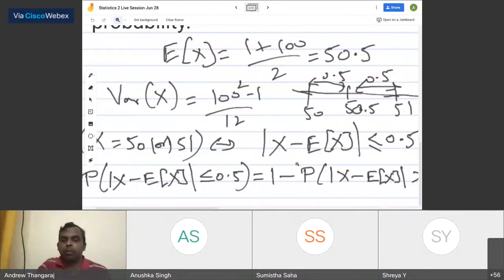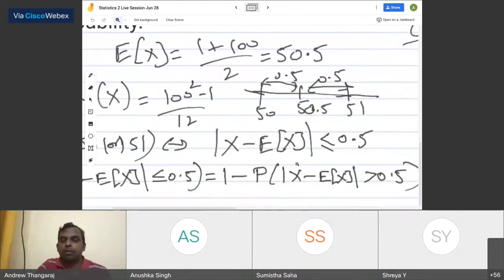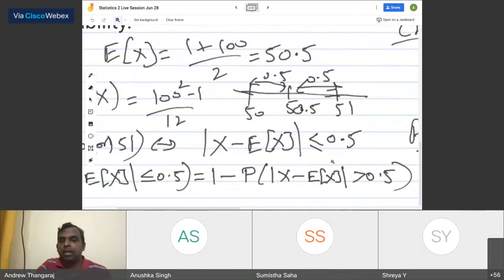Hopefully you saw that. This is the trick. You can rewrite it the other way around if you like. So if you get an upper bound for this expression, you will get a lower bound for this other expression. So how to get a lower bound for this? You just get an upper bound for this other expression.